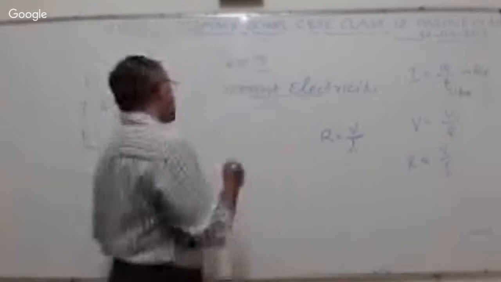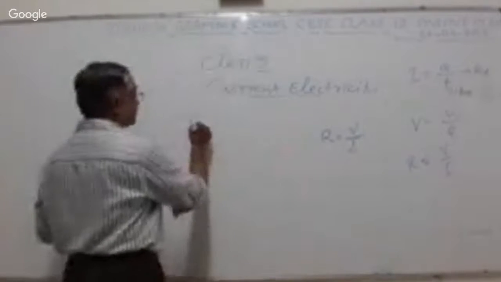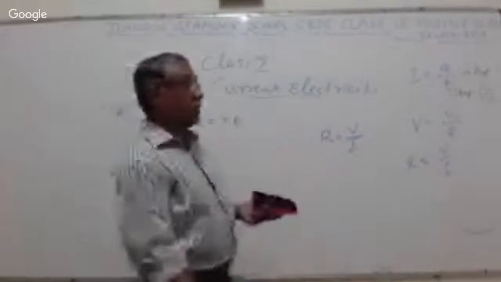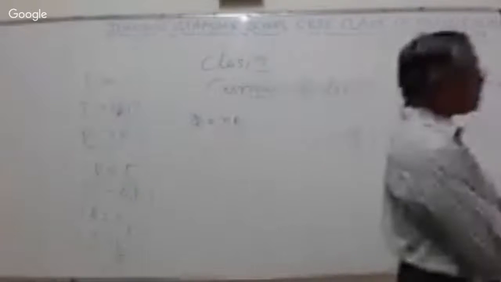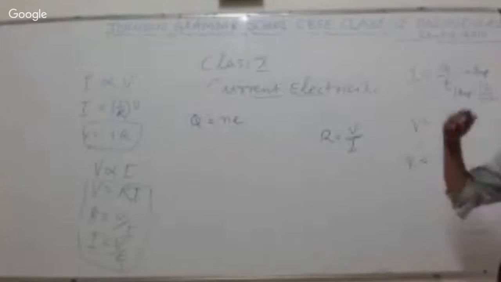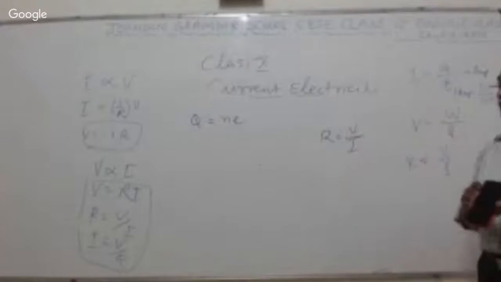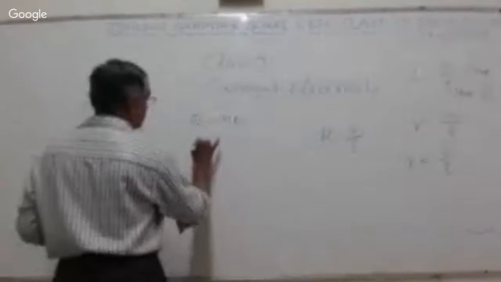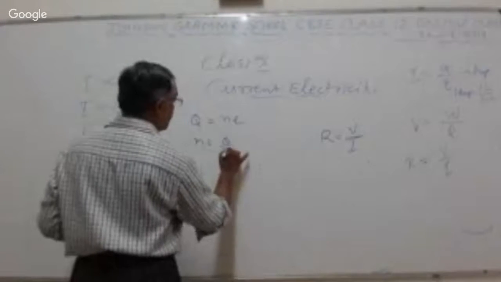So how much is 1 coulomb of charge? We know that the total charge given to a material is n number of electrons. So charge will be given to that: Q is equal to n into e. So n is equal to Q by e.